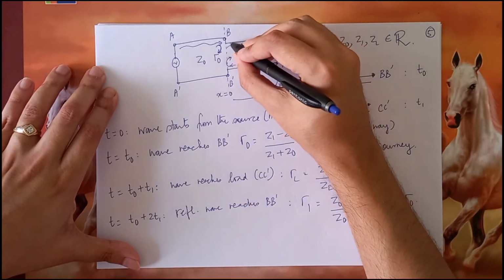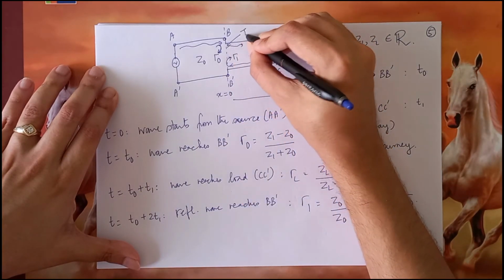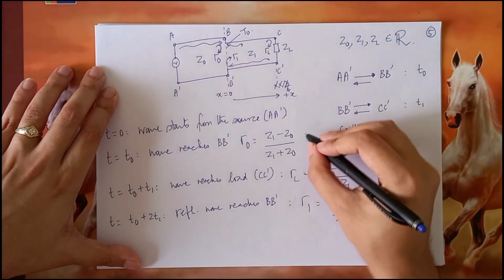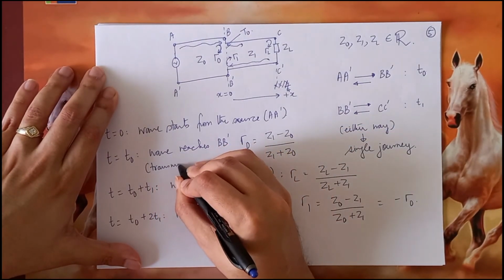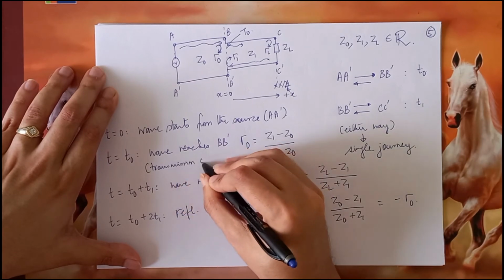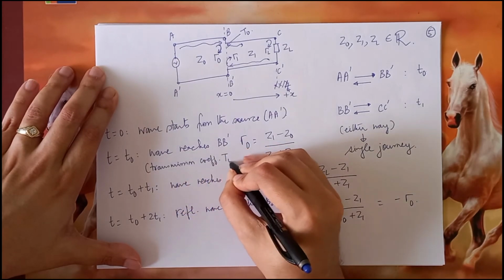And let us now define something called the transmission coefficient, that is T0. So I'll say over here, transmission coefficient T0.